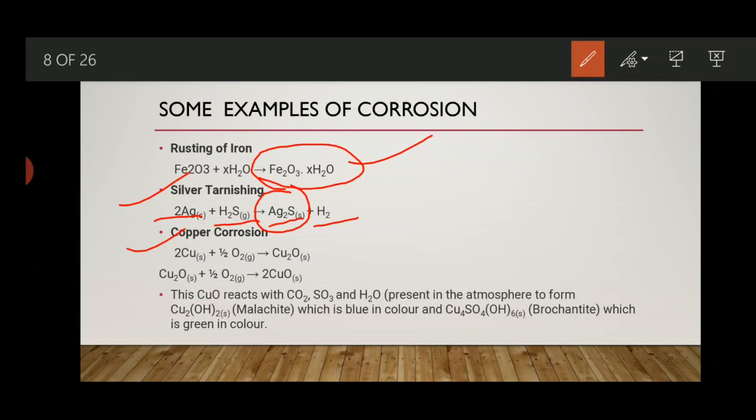See, first copper mixes with oxygen and forms cuprous oxide. Then that cuprous oxide again mixes with oxygen and forms cupric oxide, or copper oxide.